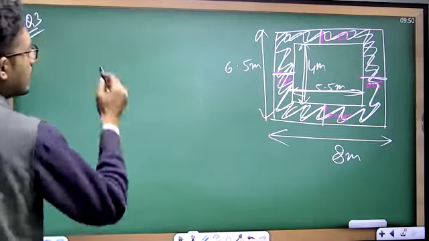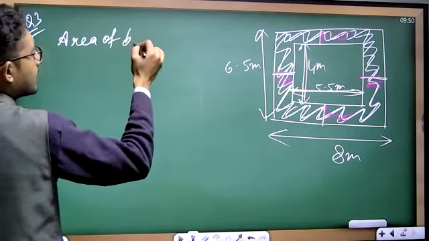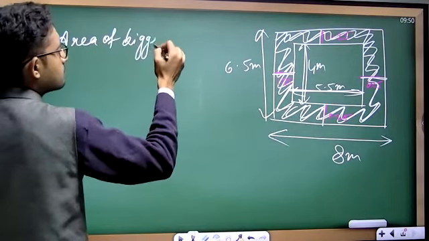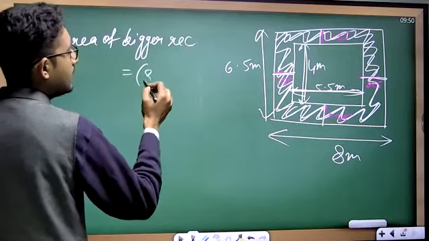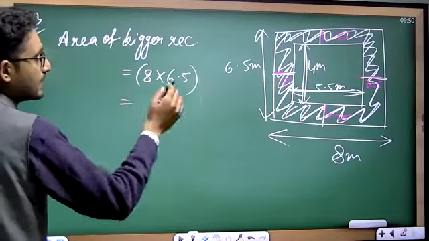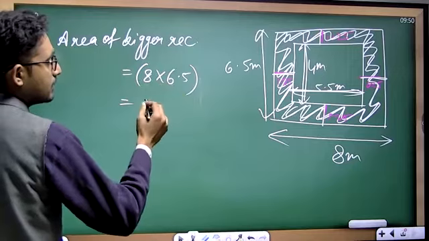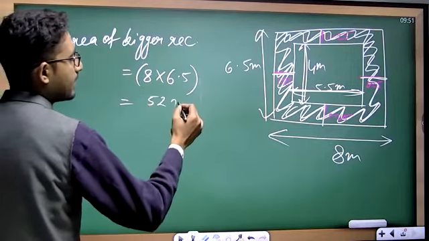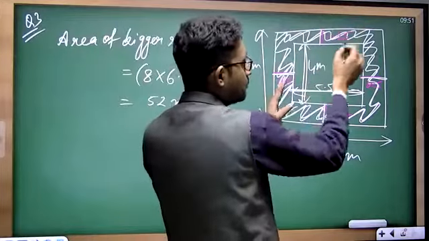Okay, now find out area of bigger rectangle. Area of bigger rectangle is equals to 8 multiplied by 6.5. So if you multiply 8 by 6.5, how much will come? That is your 52 meter square. Okay. So इस bigger rectangle का आ गया. अब हमें इस room का निकालना है.